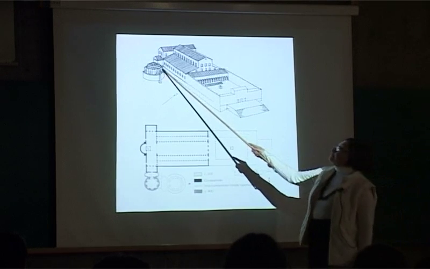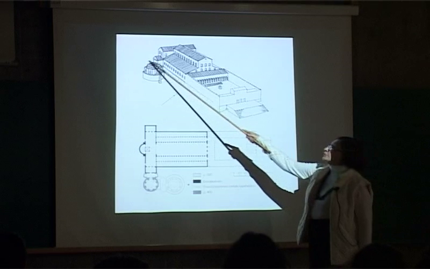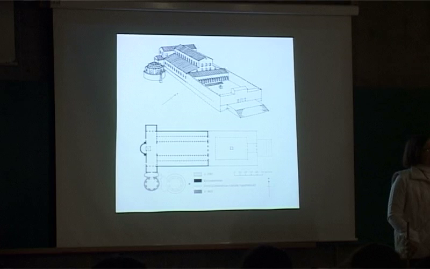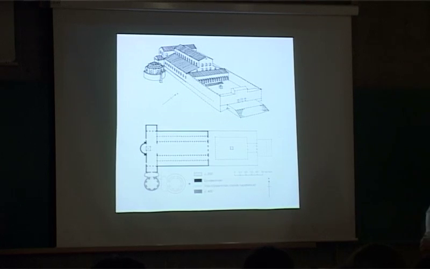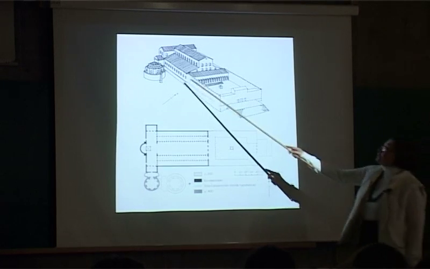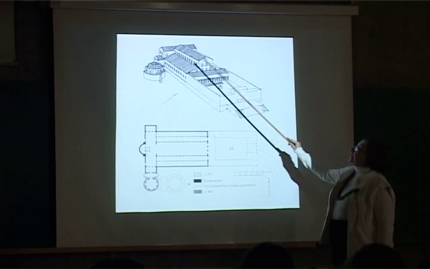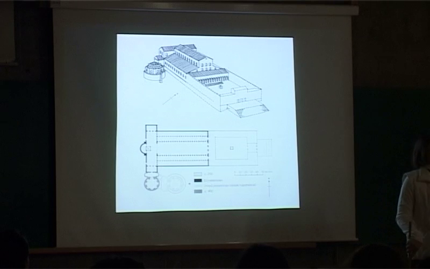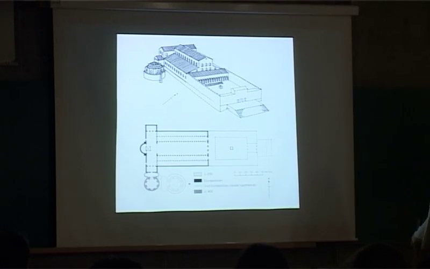One is the memorial space, which is a mausoleum for the martyr, a funerary building which has a commemorative purpose and which is circular in plan, and then the congregational space of the basilica for the devout Christians.